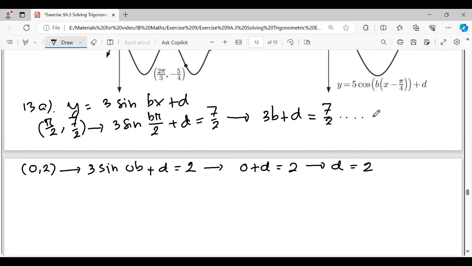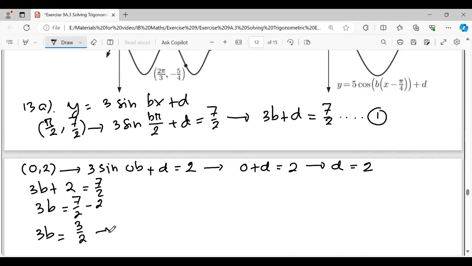Now back into equation 1, 3b plus 2 equals 7 half. So 3b equals 7 half minus 2. 3b equals 7 minus 4, 3 half.